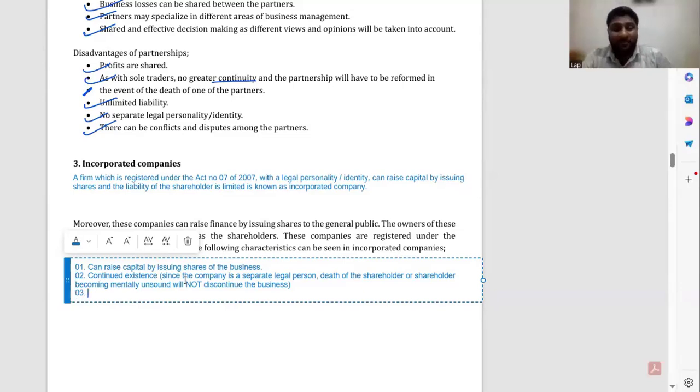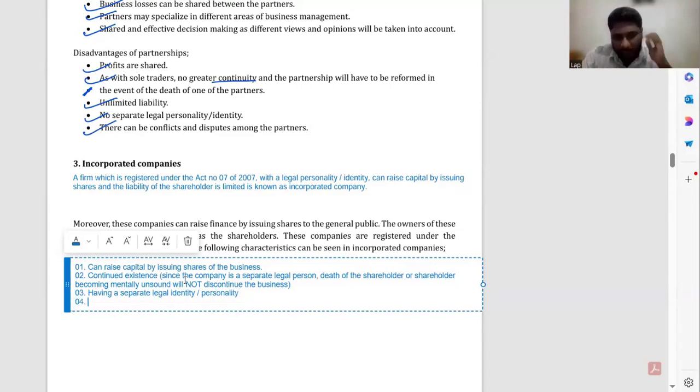Yes, limited liability. Nice one. And this one also you can write down: having a separate legal identity or personality, and limited liability.